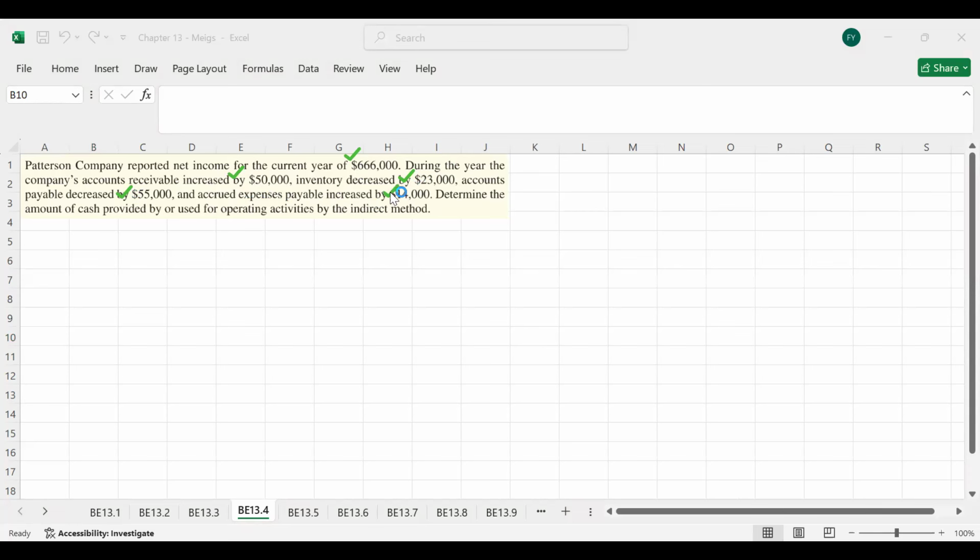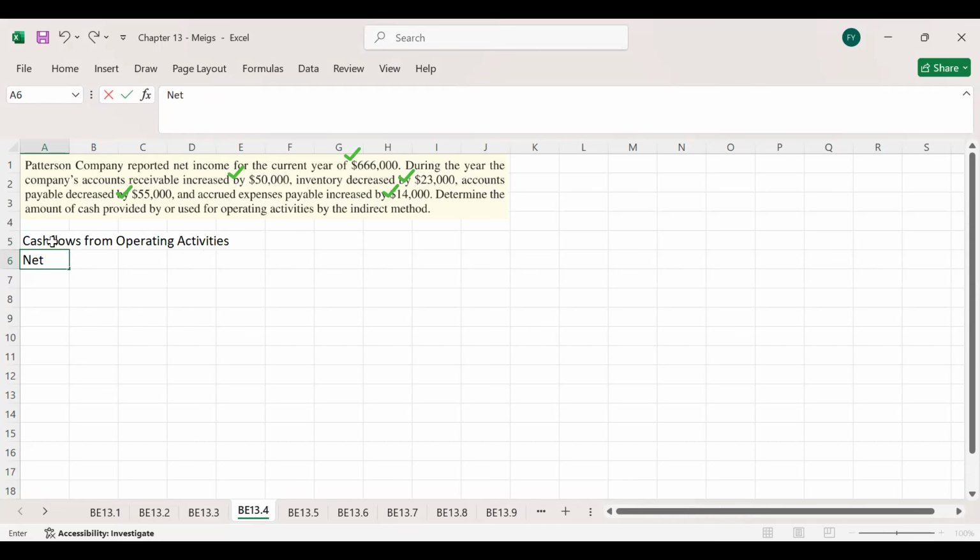Determine the cash provided or used by operating activities. Like in the previous example, 13.2, we are going to do the same thing. We start from net income, so cash flows from operating activities.